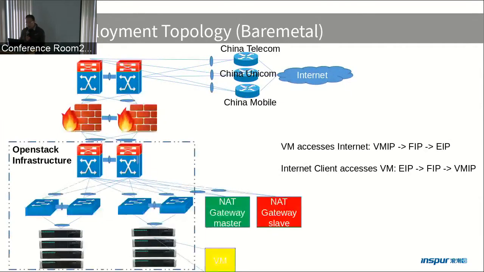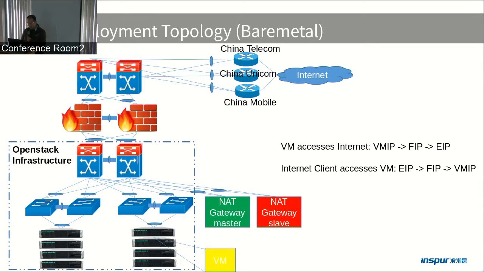Here is our NAT gateway deployment topology. Here we use bare metal servers to do the NAT gateway. Here you can see we have two NAT gateway nodes. One is the master, another is the slave. They are connected to core switches.